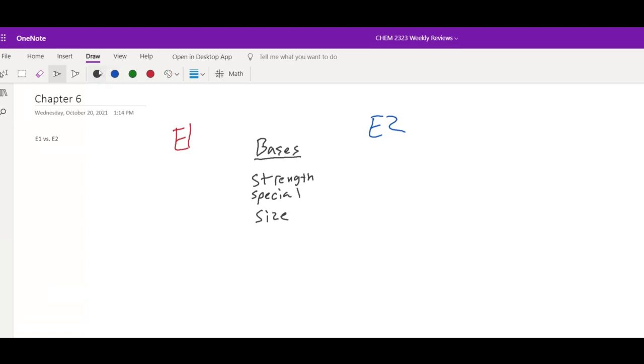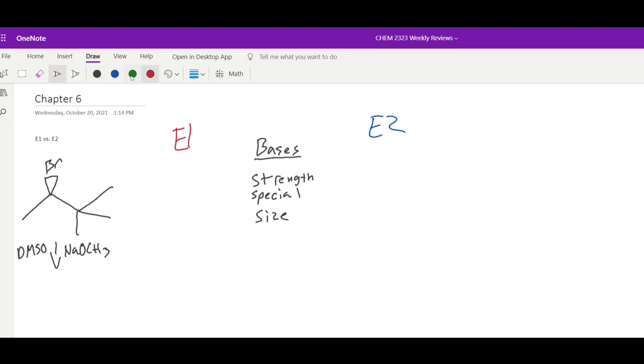So let me give an example right over here. Let's say I have Br2, and my reagent is NaOCH3 in DMSO.